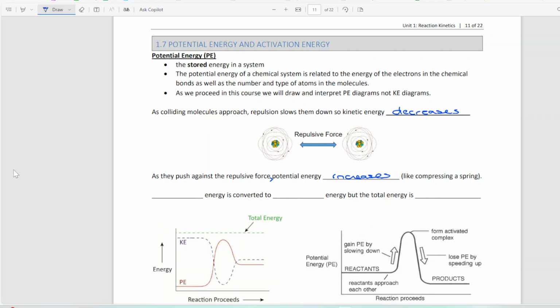And so the kinetic energy is converted to potential energy. But the total energy is going to be constant. So if you've taken physics courses, right, it's that idea of the law of conservation of energy, right? Energy is neither created nor destroyed, it's just converted. So this kinetic energy of motion is moving or changing into this potential energy that they're going to contain.